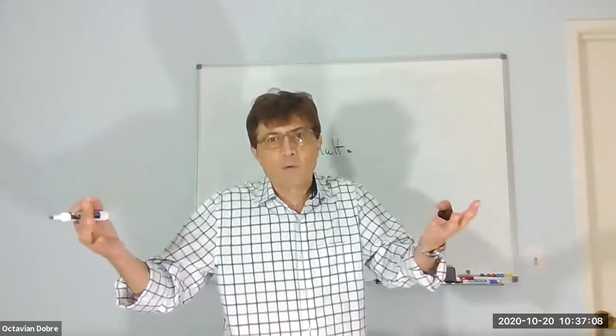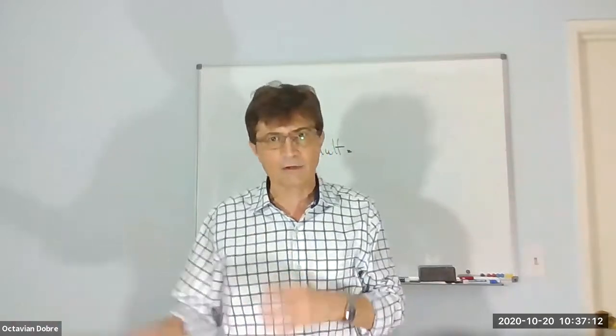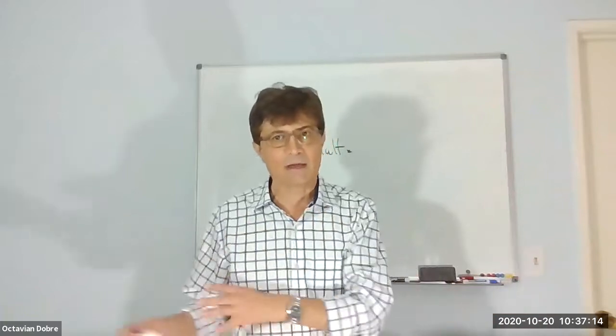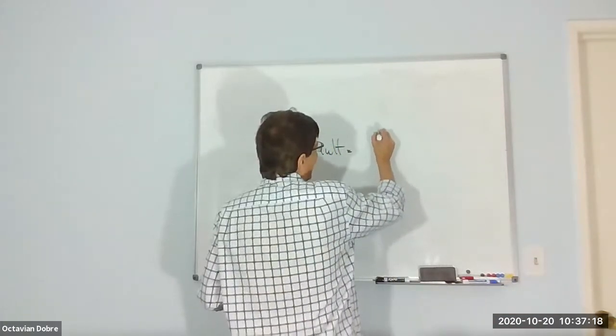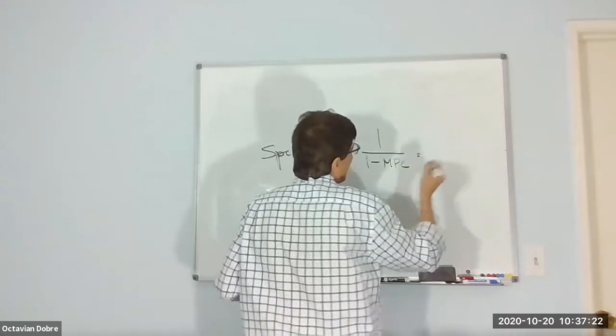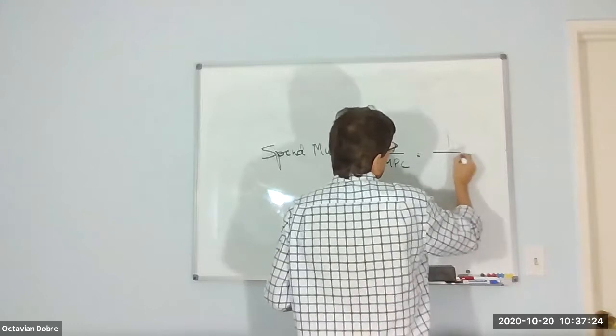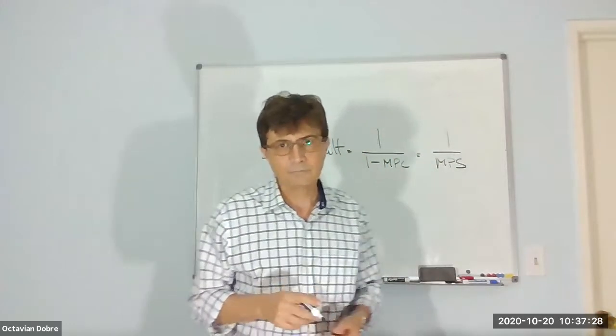They got to add up to 1. So if the MPC is 0.7, MPS is 0.3; MPC is 0.8, MPS is 0.2. So the formula is going to be either 1 divided by 1 minus MPC, or another formula for it is 1 divided by MPS, because it's the same thing.